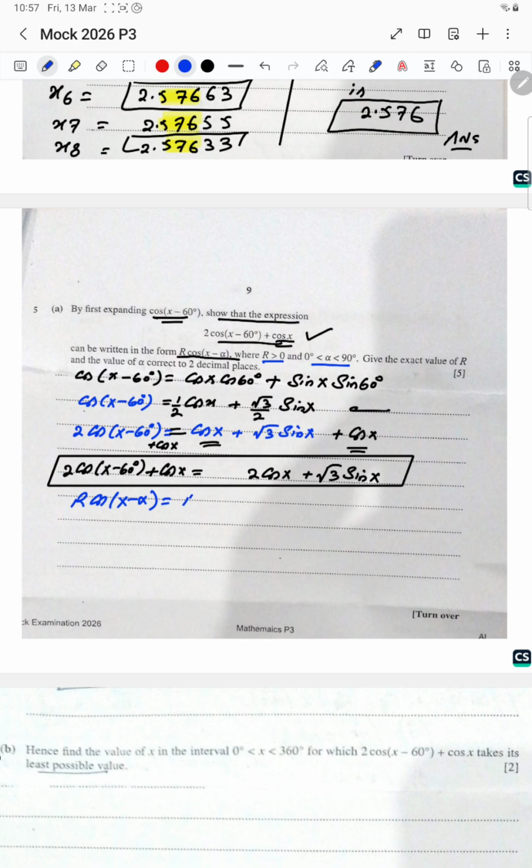Okay, fine. If I expand it, I will get r cos alpha cos of x plus r sine alpha sine of x. I just applied the difference formula for cos a minus b. I get this one.